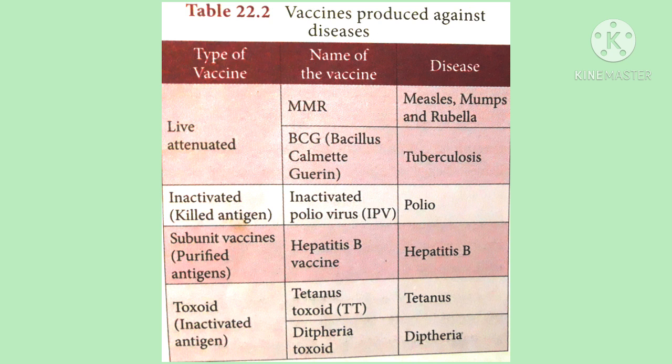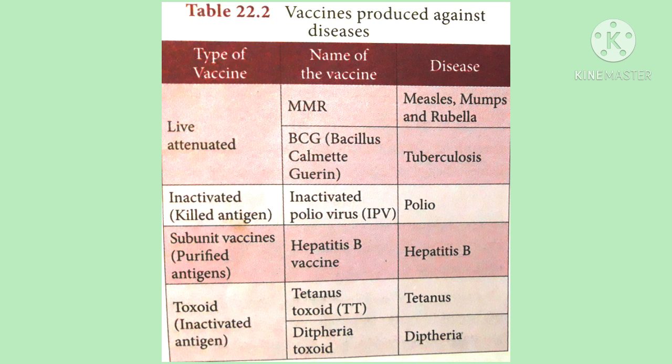Next, type of vaccine, subunit vaccines, that means purified antigens. Name of the vaccine, hepatitis B vaccine. It helps to cure hepatitis B. Type of vaccine, toxoid. Name of the vaccine, tetanus toxoid. Shortly we say TT.